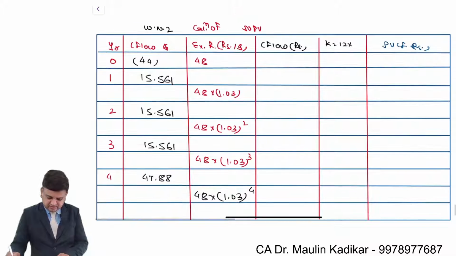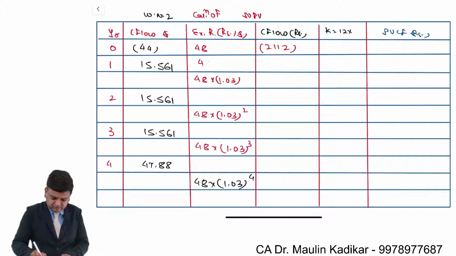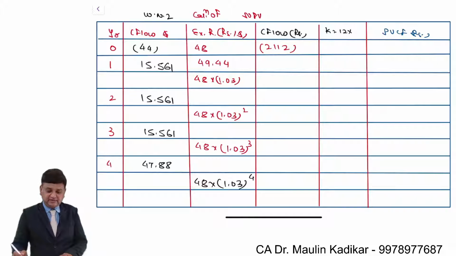Let us see cash flows in rupee terms. 44 into 48, so 2112. 48 into 1.03 is 49.44, into 15.561, so 769.34.